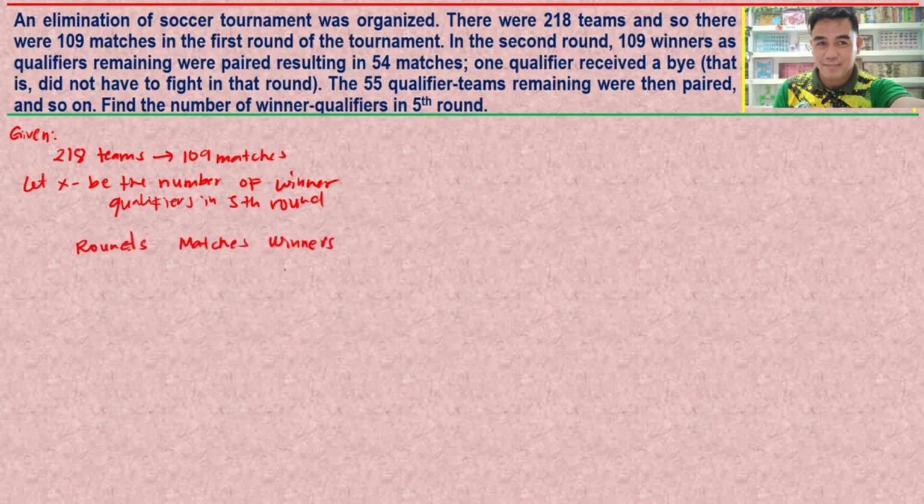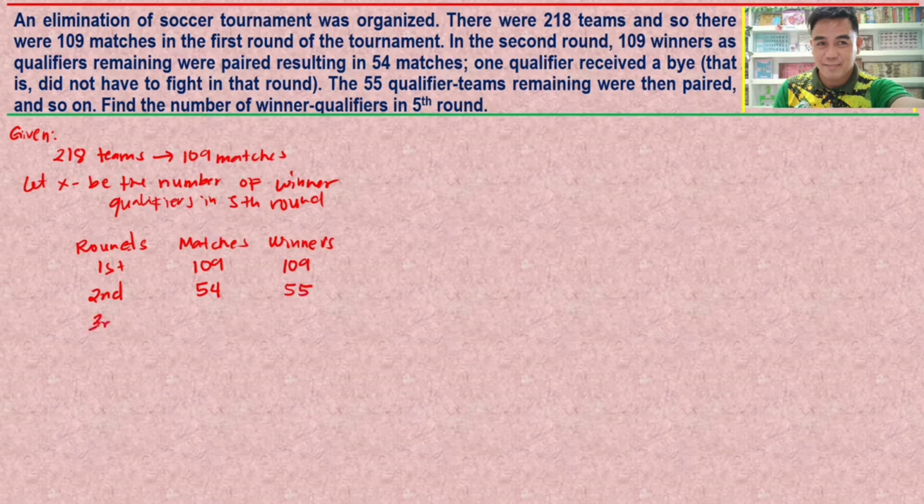It's stated in the problem that the first round has 109 matches, and expectedly there will be 109 winners. Second round, we will have 54 matches, but the number of winners is 55.